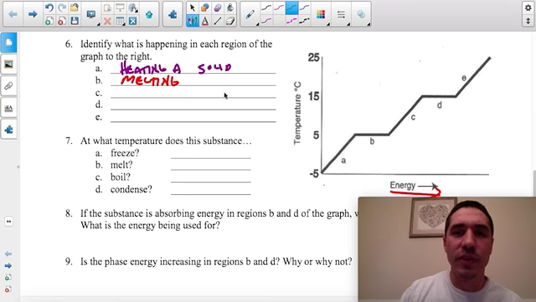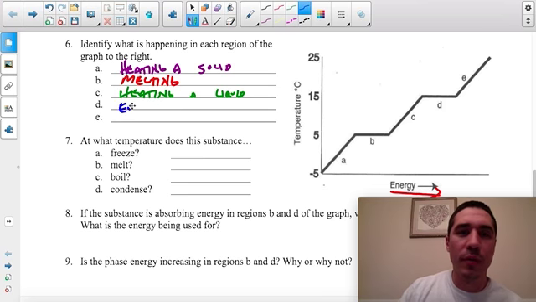During part C, we're heating a liquid. At part D, we are evaporating. And then at part E, we're heating a gas.